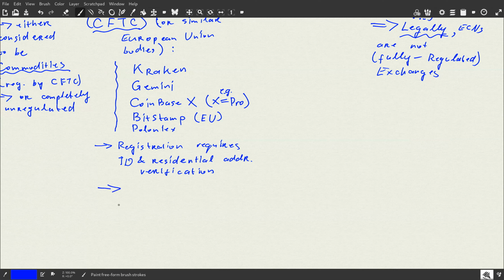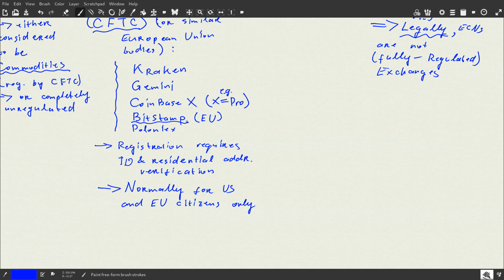Normally it might sometimes be different, but normally those are for US and European Union citizens only, and mostly for US. So if it is not a European Union exchange like Bitstamp, then registering for this exchange is primarily for US citizens.